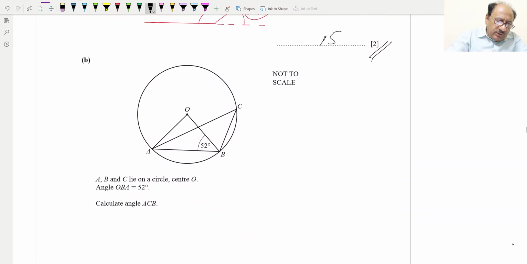Now the B part says the diagram is not to scale. A, B, C lie on the circle with center O. Angle OBA is 52 degrees. Calculate the angle ACB. Now we can check for angle ACB. For that, we know that this is a radius, and this is also a radius.